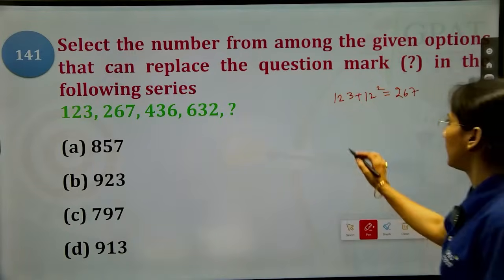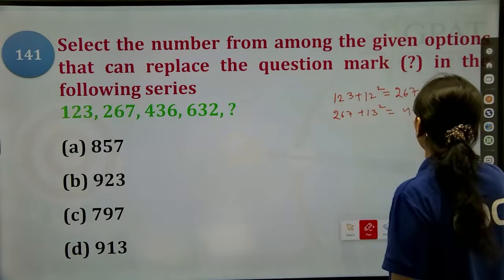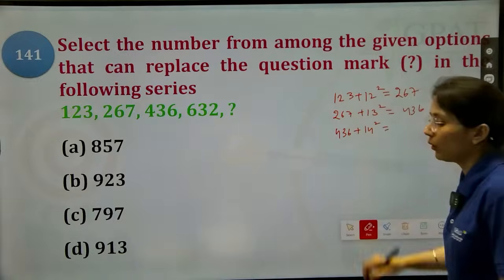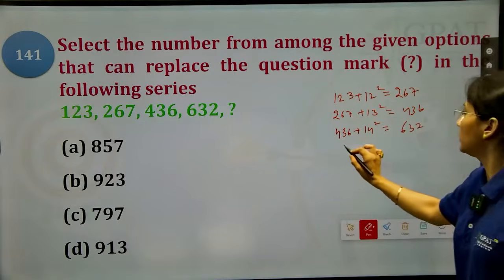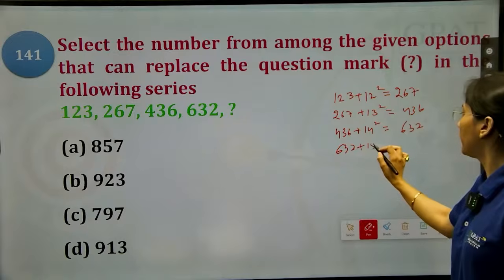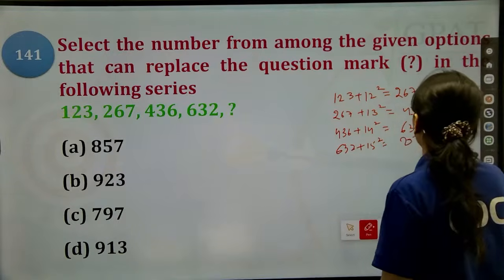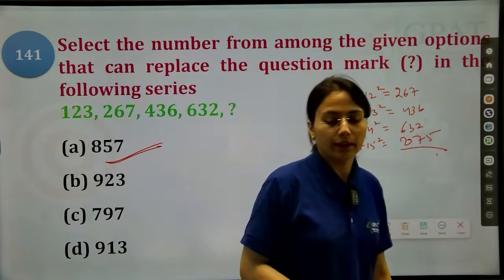Similarly, 267 plus 13 square is 436. Similarly, 436 plus 14 square is 632. So 632 plus 15 square is 857. So 857 is the correct answer. So option number A is correct.